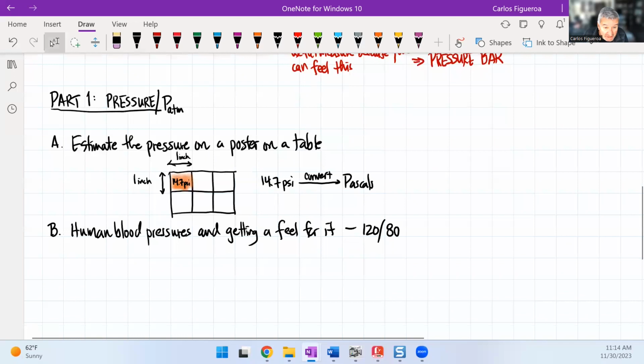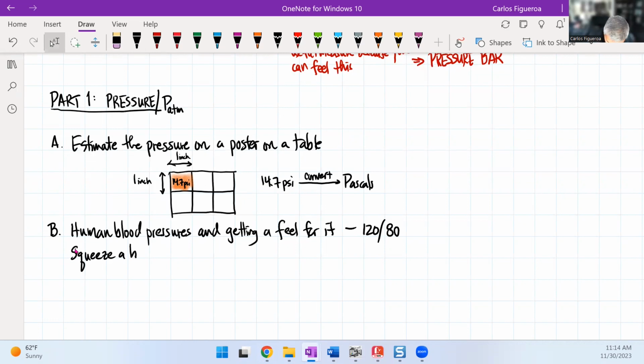So the question is, can you get a feel for what that pressure is? To get a feel for it, we want you to squeeze a bag to reach 120 and 80 to get a sense of what that feels like.